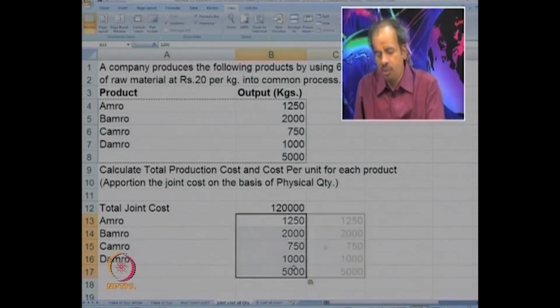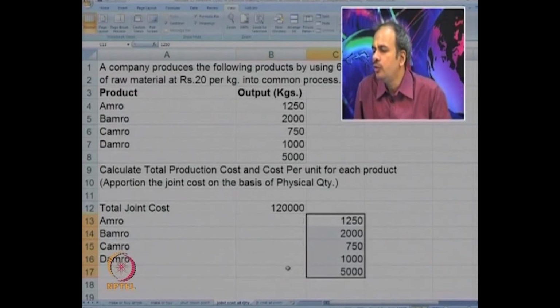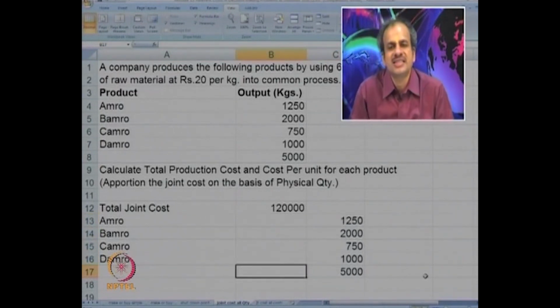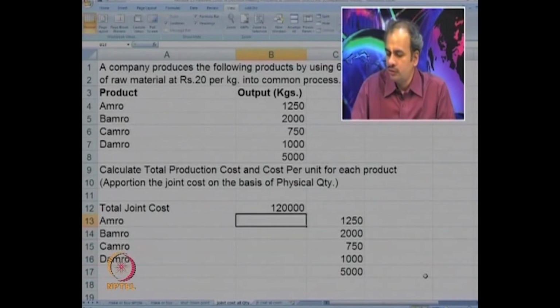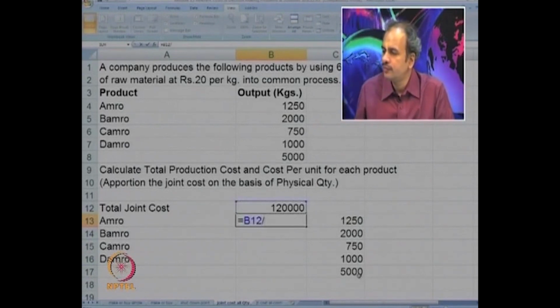So these are the number of kgs of output. We know that the total cost is 1,20,000 for output of 5,000, right?